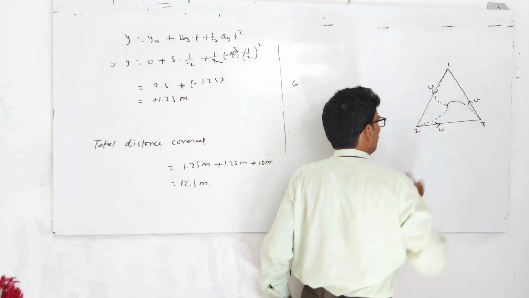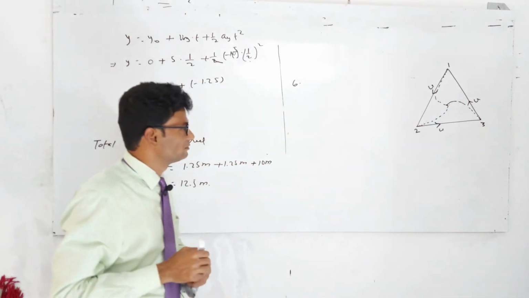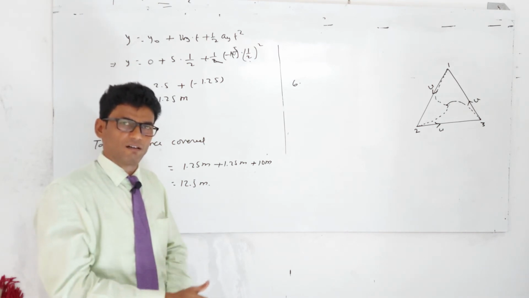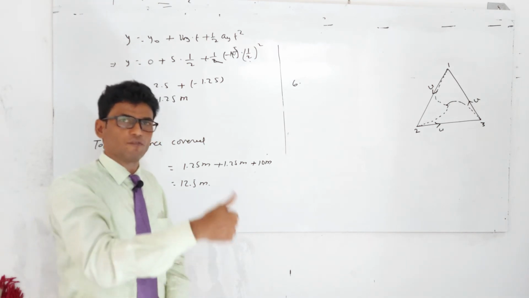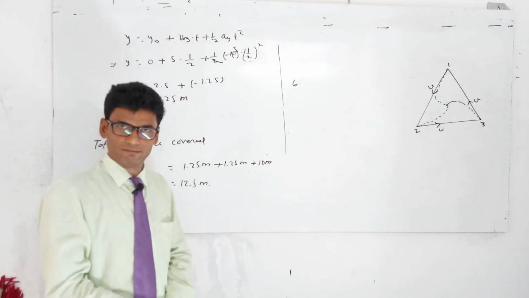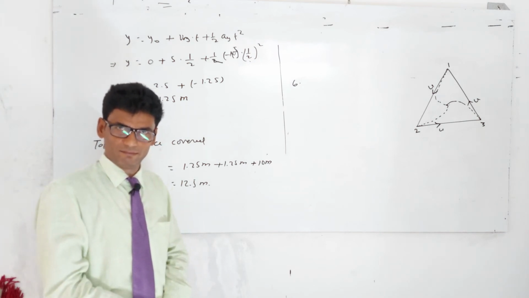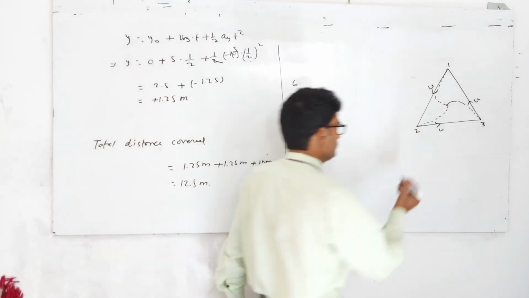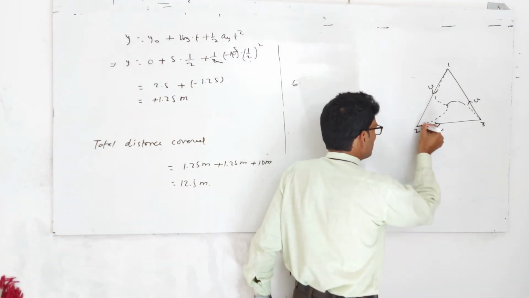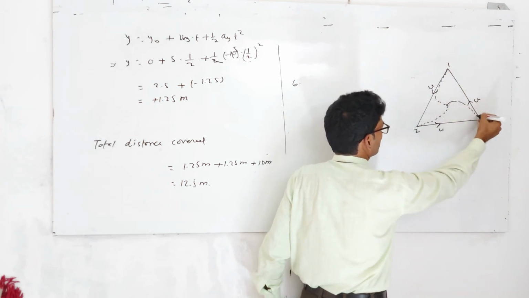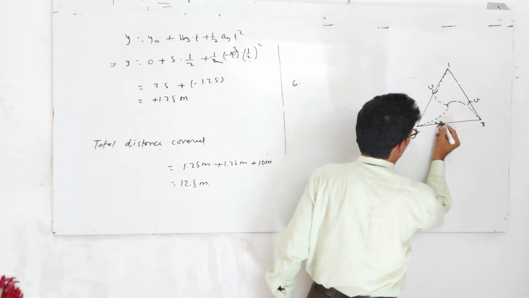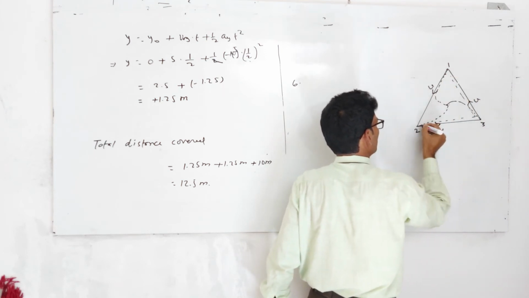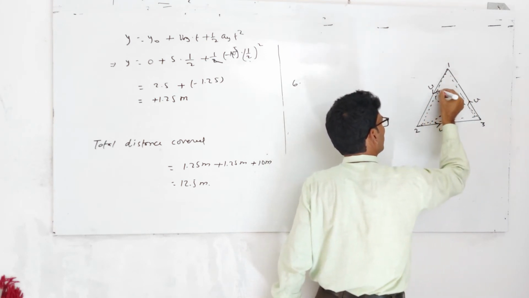But one remarkable thing is that all the time they are at the vertices of an equilateral triangle. That's the unique character of this motion. Suppose this is here, here and here, still if we join, it gives an equilateral triangle. However, side is smaller than the previous one.